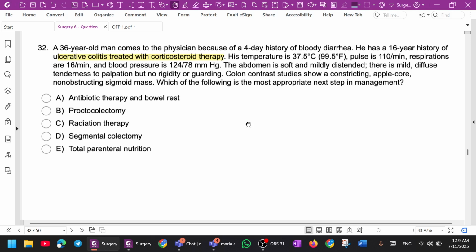Abdomen is soft and distended. There is mild diffuse tenderness to palpation but no rigidity or guarding. Colon contrast studies show a constricting apple core non-obstructing sigmoid mass. Which of the following is the most appropriate next step in the management?